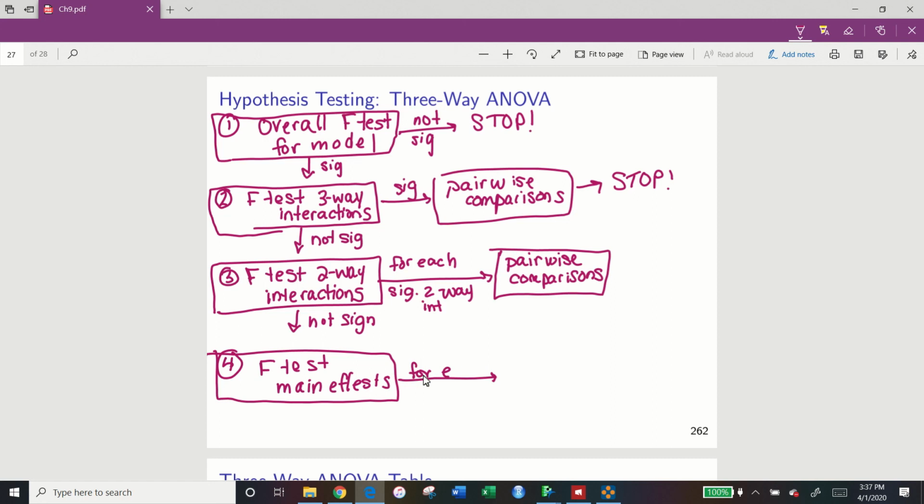And for each significant main effect, we would do the contrast on the main effects.